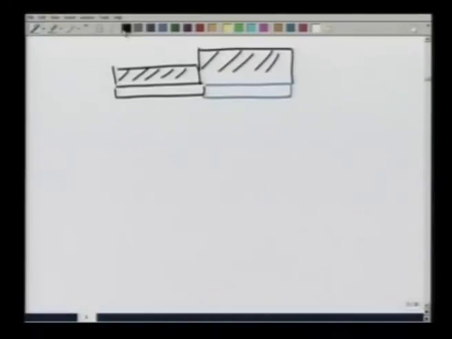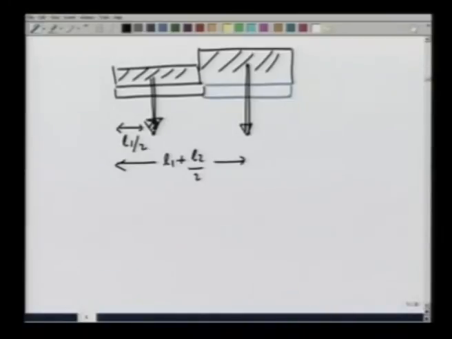I know the center of gravity of this load, which is here at a distance of L1 by 2, and center of gravity of the other load is here, which is at a distance of L1 plus L2 divided by 2. The total area here is lambda 1 L1, total area here is lambda 2 L2.